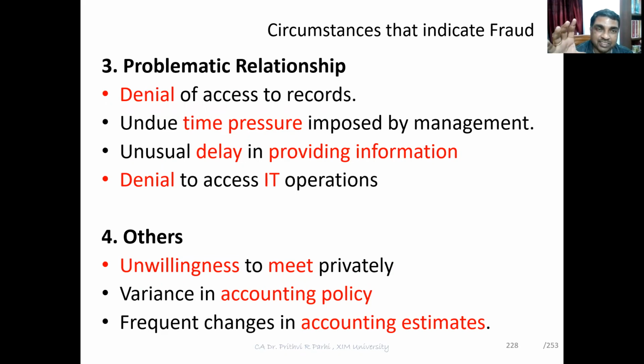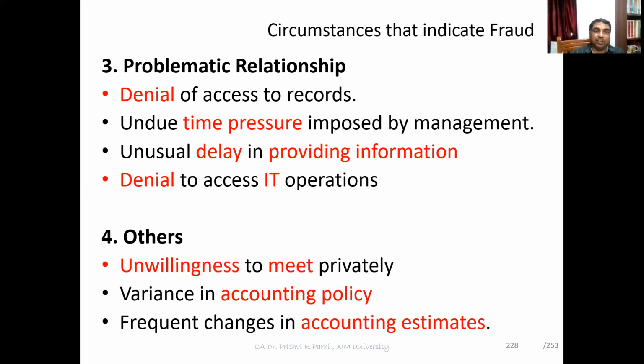Another group of indicators is in the area of problematic relations. If there is denial of access to records, the entity is denying access to the records, that also indicates fraud. Or there is undue time pressure imposed by management. Management is imposing completion of the audit within a very limited time, which is very difficult to achieve.